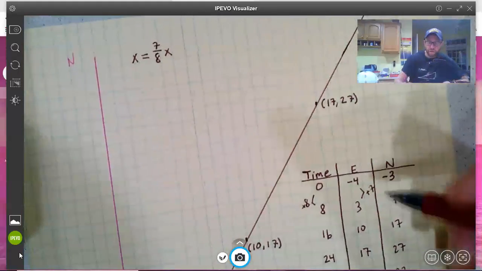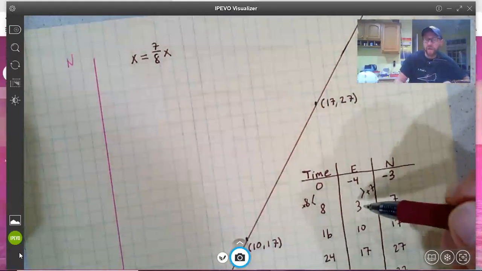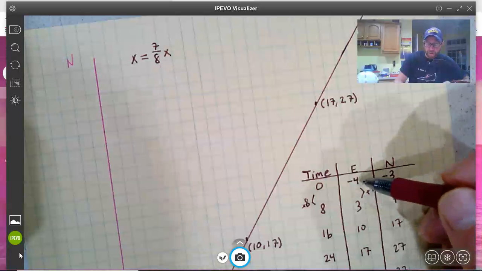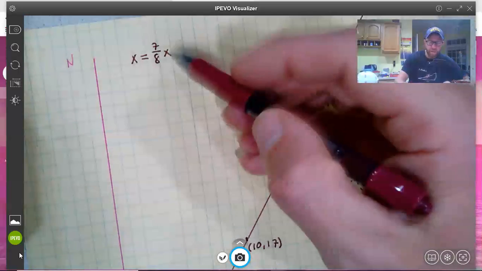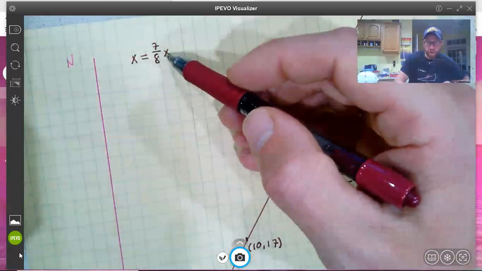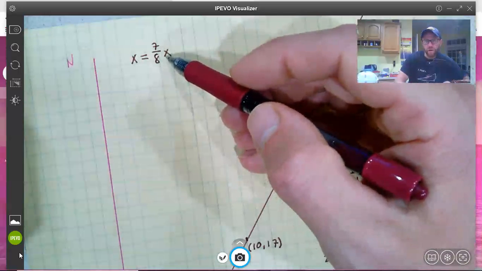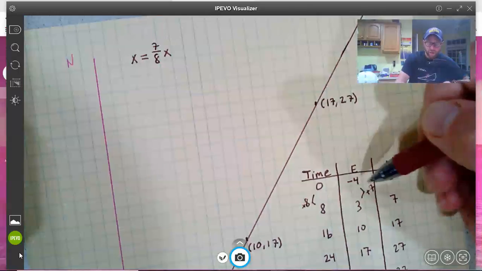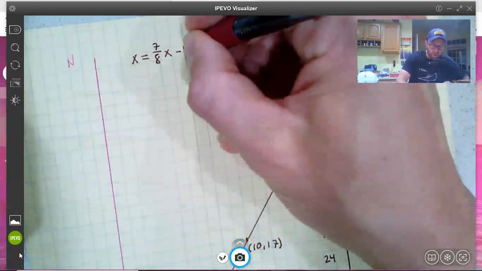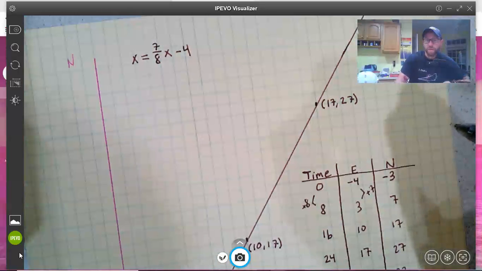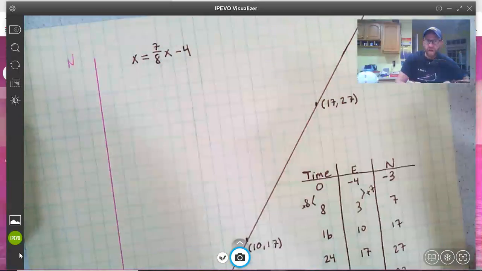And then we do have to adjust because this rule is going to give us bad outputs because we aren't starting at (0, 0), we're starting at -4. So when I plug in 0, I should output -4. And right now, if I plug in 0, I output 0. So I have to just add a -4 in there. And that gives us our eastward position when I plug in t minutes.